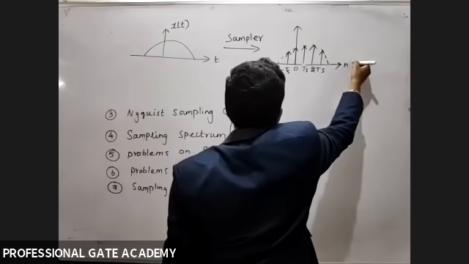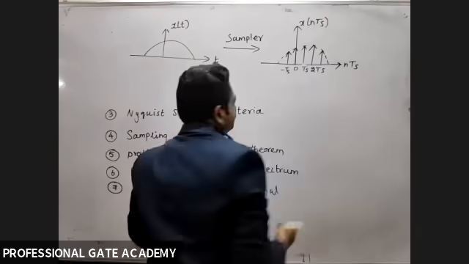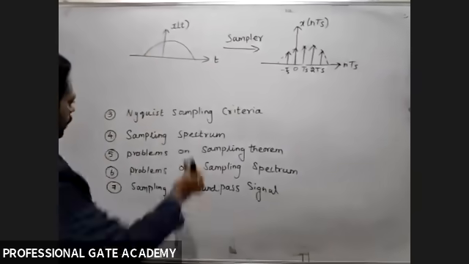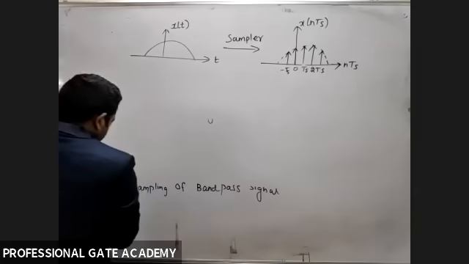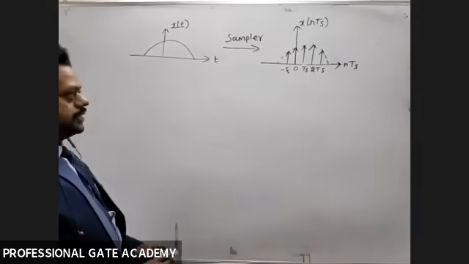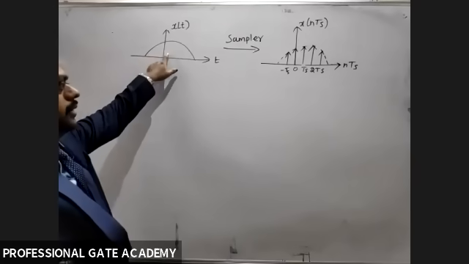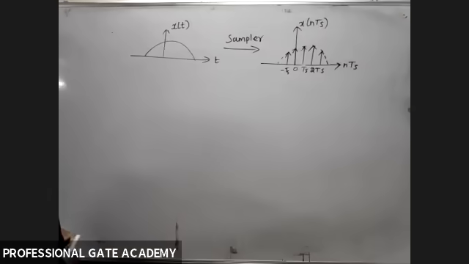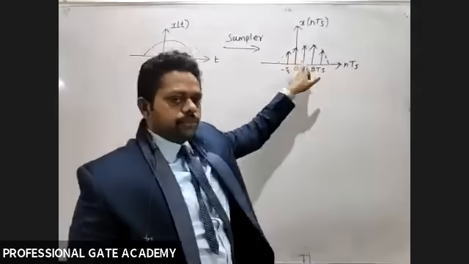So here nTs, then x of nTs. This is the sampling process. This is the input signal applied to the sampler, and this is the output of the sampler.